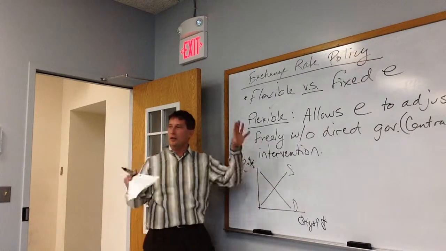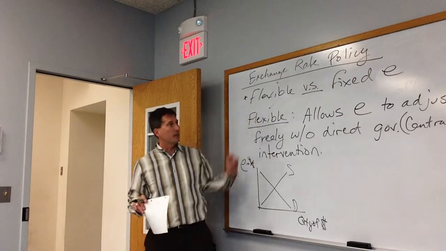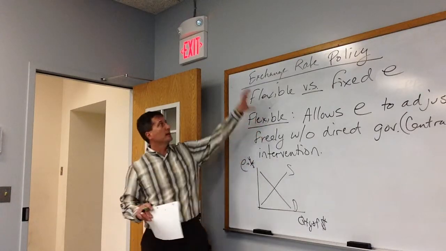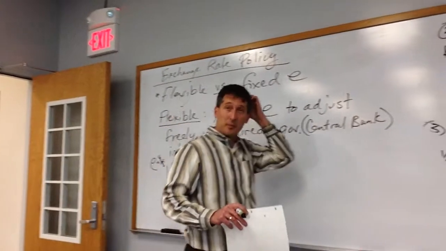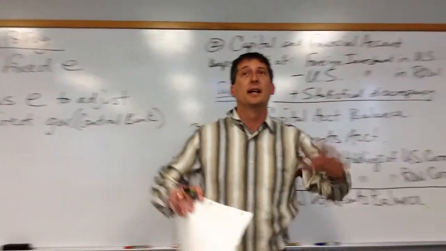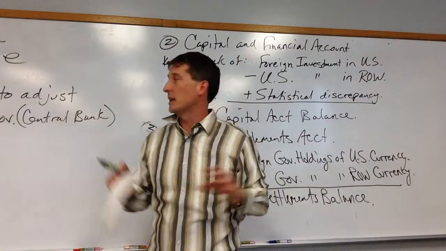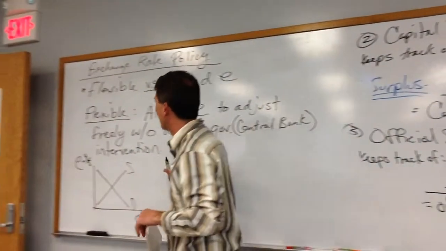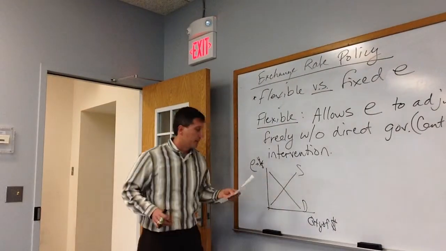We just let the market be free. That's called a flexible policy on the part of the government. So the government's intentionally leaving the market be in terms of exchange rates. All right, so that's a flexible.